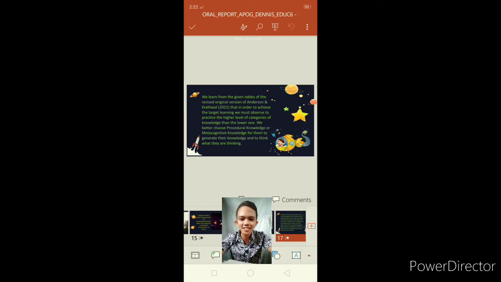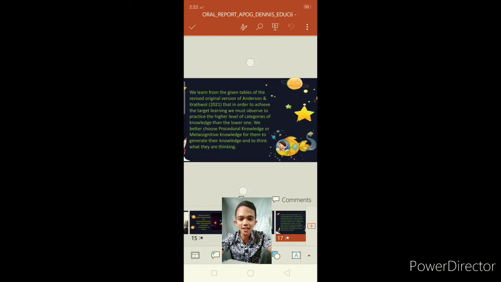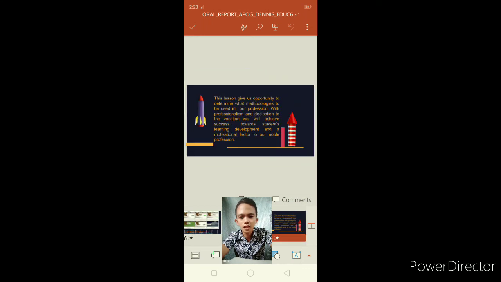Hey guys, are you learning from the lesson? We learned from the given tables from the revised version of Anderson and Krathwohl that in order to achieve the target learning, we must observe and practice the higher level of knowledge categories than the lower one.